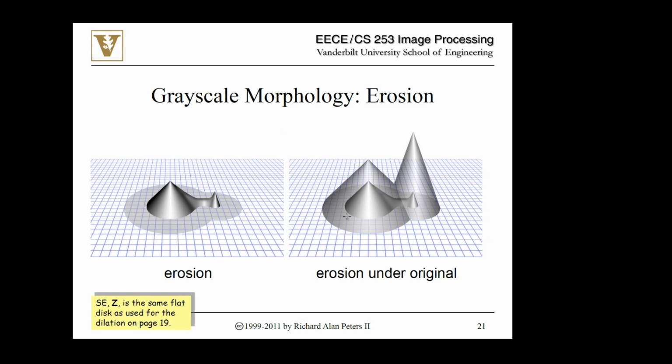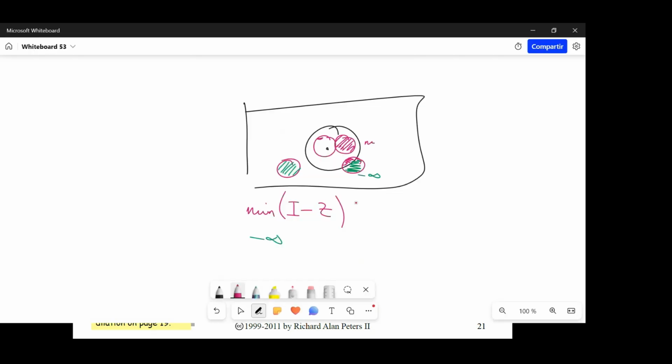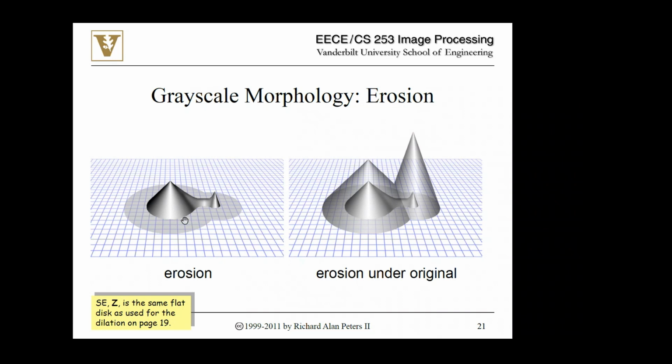And then at some point, the kernel is fully inside. We are in this situation now. It is fully inside. Now we get real values. We get these values. And when we get to the top, this value here is determined by the minimum of the disk in that location, not the maximum.